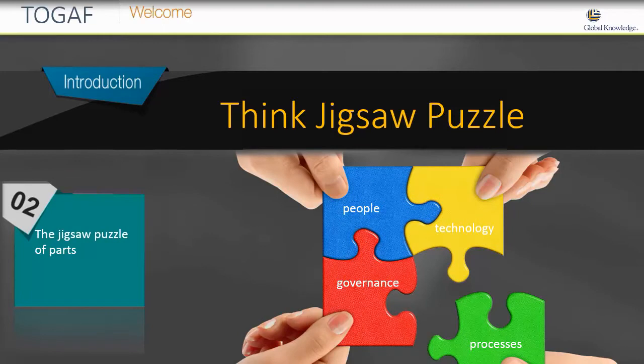So with the picture on the box, the enterprise architecture is the jigsaw puzzle of parts that make up that operating model. So it's your people, your governance, your processes, your policies, your technology, and so on and so forth. They're the pieces that make up your operating model.